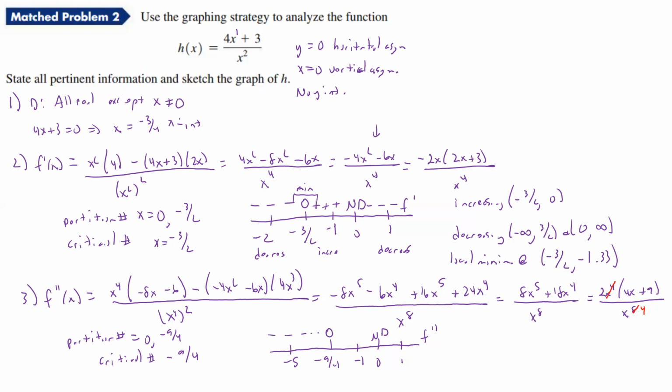So that's negatives. Now, if we plug in a -1, that's going to be -4. That's going to be positive, positive, positive. So these are going to be positive here. And if we plug in a 1, then everything's positive. So those are going to be positive over here. Now, because that's a 0, this is an inflection point.